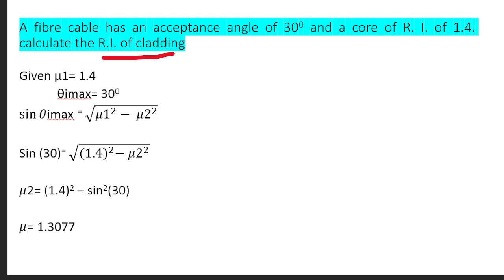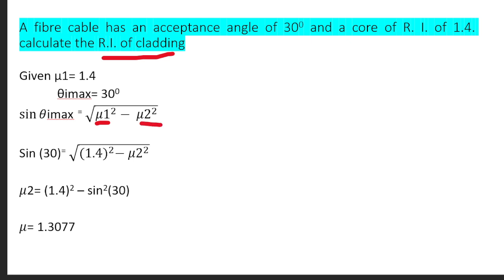As we know, the formula of the acceptance angle is sine theta i max, which equals the square root of mu1 square minus mu2 square. We know the value of theta i max, that is 30 degrees, so put it in here: sine of 30 degrees equals the square root of, and you have the value of mu1, you have to calculate mu2.